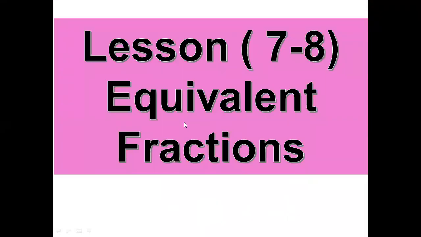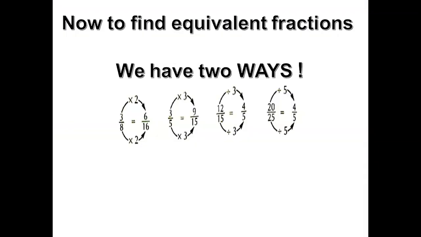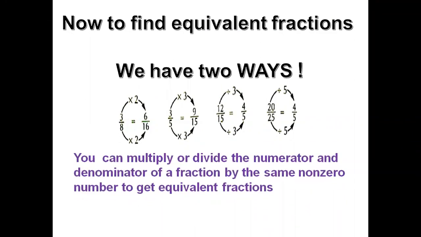Now we are ready to start with the second lesson, which is equivalent fractions. We studied it, so we're going to remember the basic ideas here. To find equivalent fractions, we have two ways. Way number one, when we multiply. Way number two, when we divide. But when we multiply or divide, we have to choose one number.